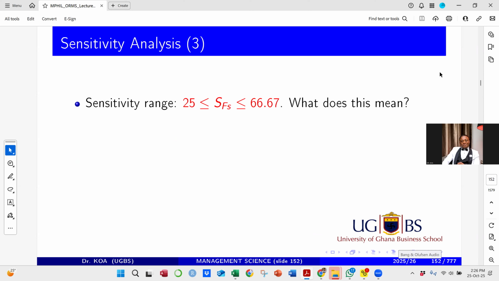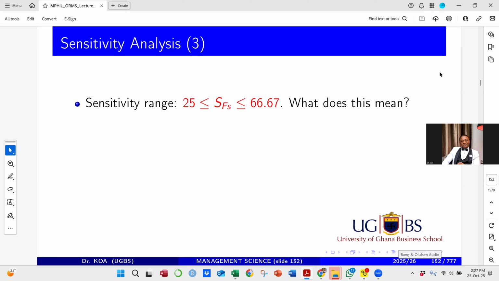What does this mean? The sensitivity range, and remember this is for the variable cells, means that as long as the coefficient of Fine Yogo, which is 40, is between 25 and 67, the optimal solution will not change.